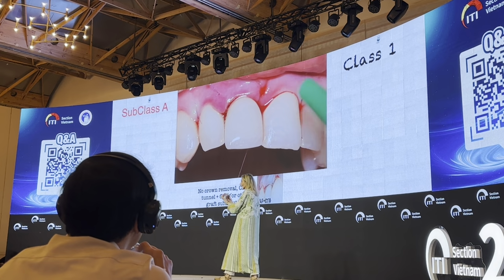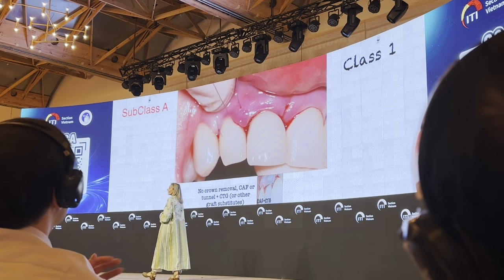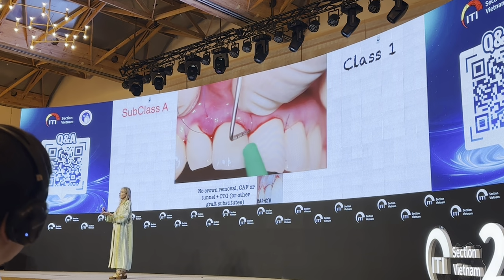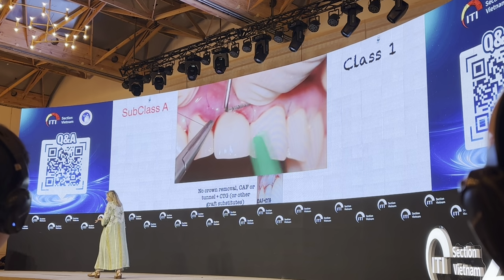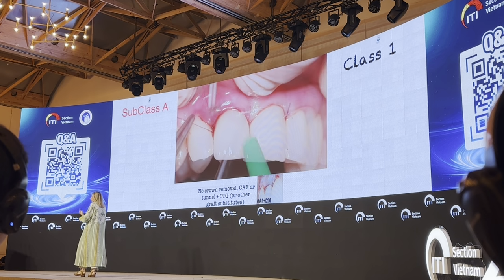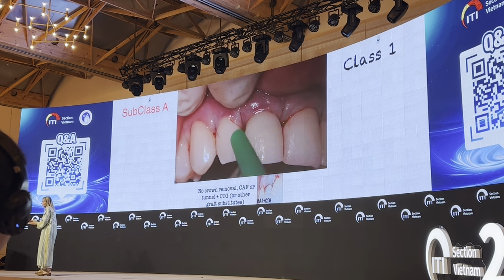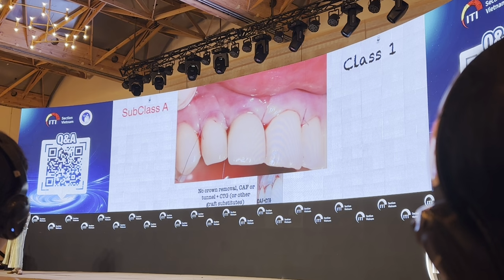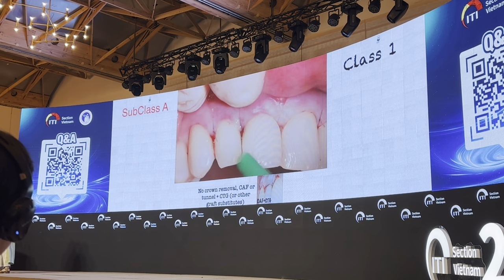Until I see some bleeding, I'm not going to stop suturing, because the complete absence of bleeding means stability of the blood clot. And stability of the blood clot is one of the most important biological aspects in periodontal surgical procedure, and therefore in soft tissue management around implants.